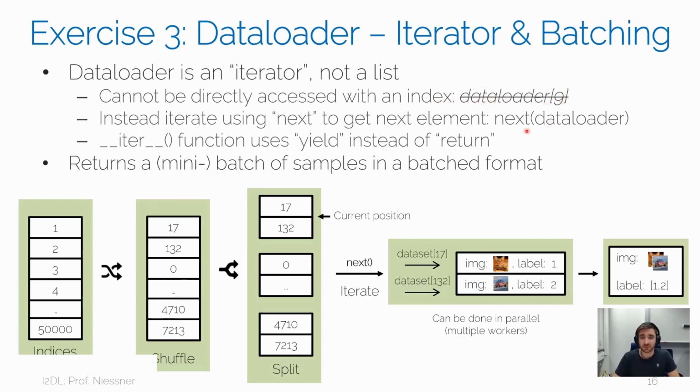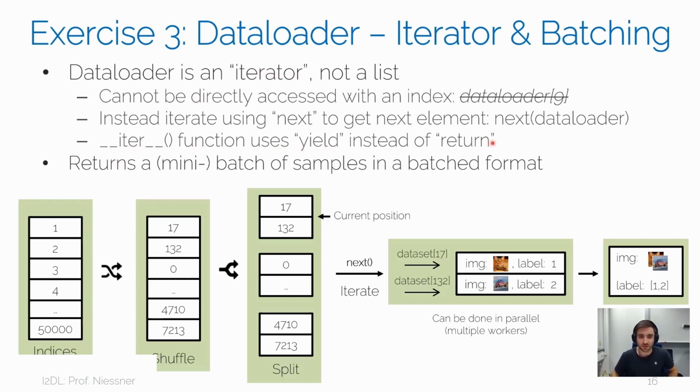Instead, you have to use the next function to iterate over the data set and to get the next element. So if you call next on the data loader, you would actually get back some data. Also, some Python specifics about these so-called iterators: the iter function uses yield instead of return.